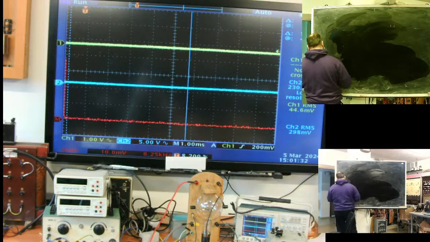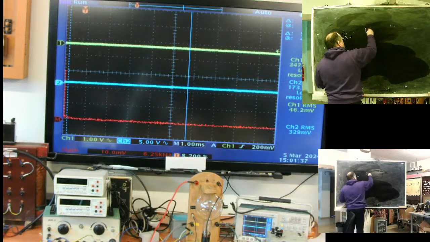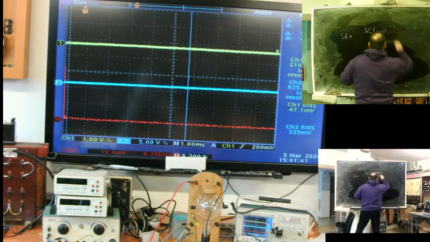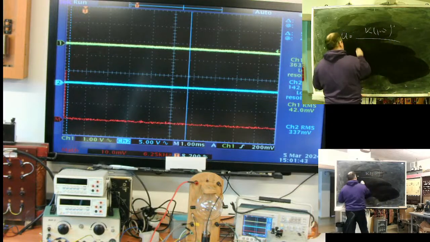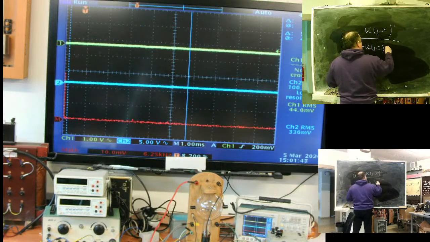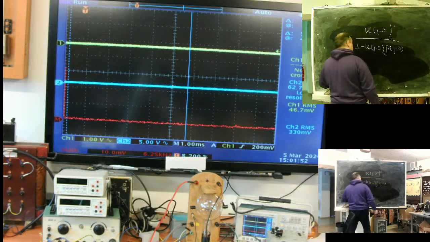So, the solution of this equation will be K divided by 1 minus K beta.